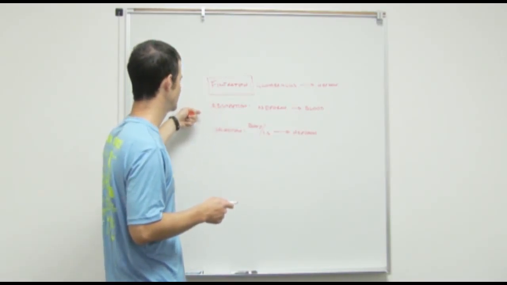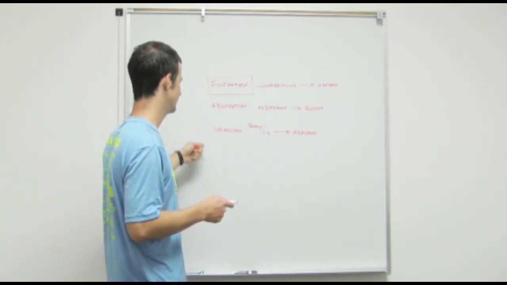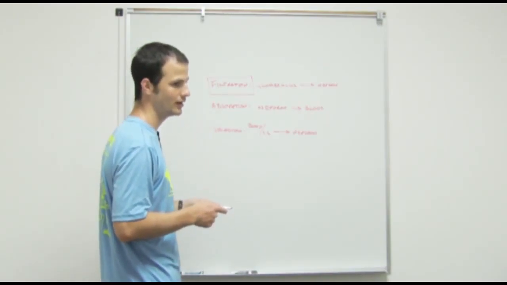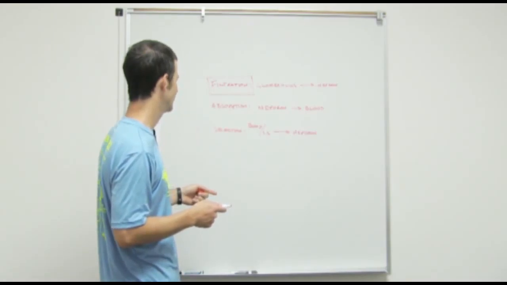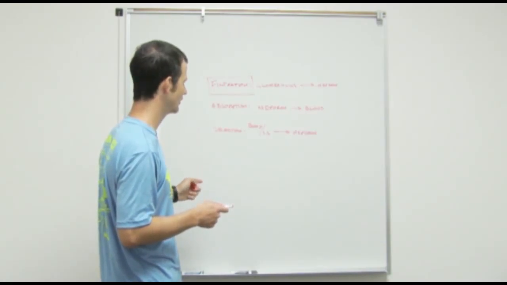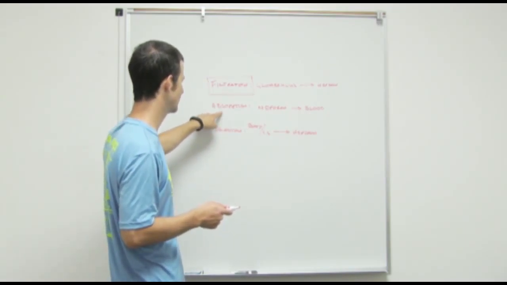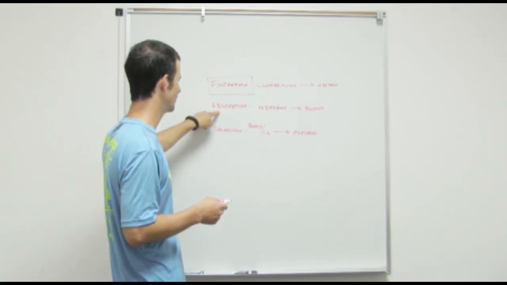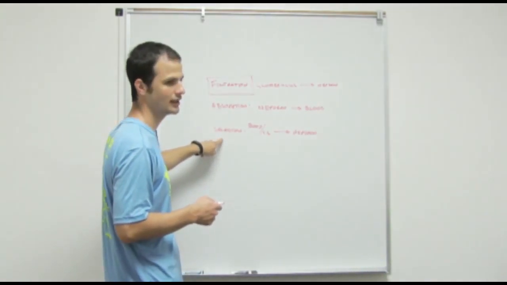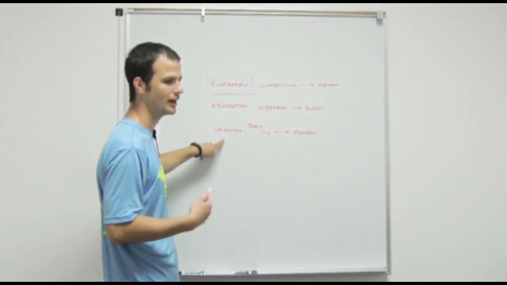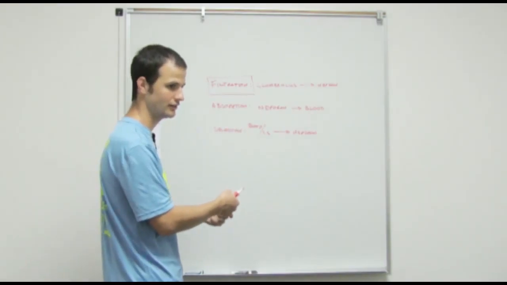But then when we go to the loop of Henle, right, we're getting rid of water out of the filtrate. So we're absorbing water, but then we're secreting ions and stuff, right? Because we're concentrating the filtrate.